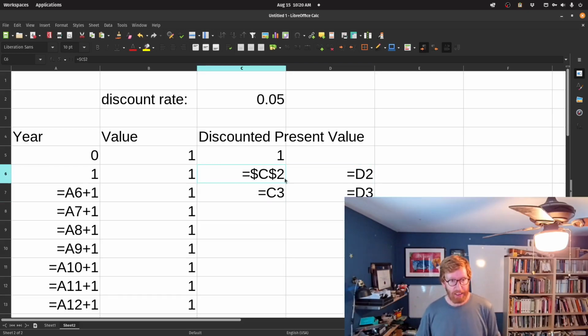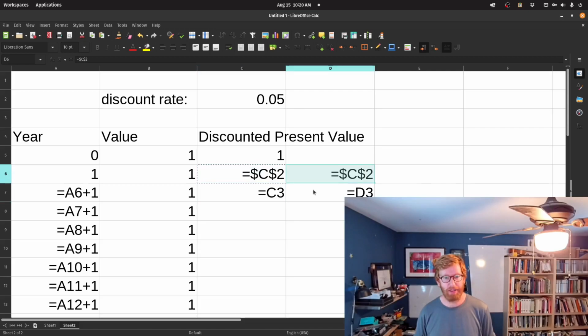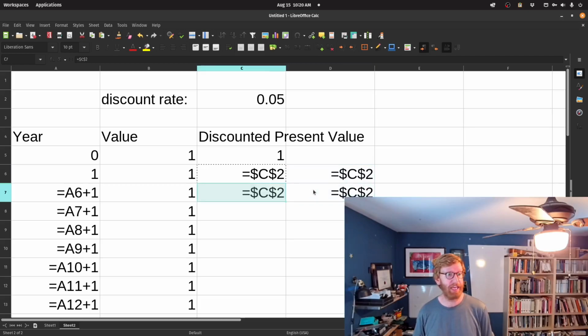Now, if I instead say with the $ sign, now when I copy this, it's going to refer to the same cell. If I say $C and 2, if I copy this down, it's going to keep the column C, but it's going to adjust the row, right? From row 2 down 1 to row 3, or if I go further down, down to row 6.